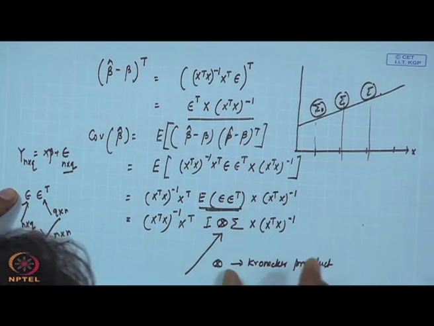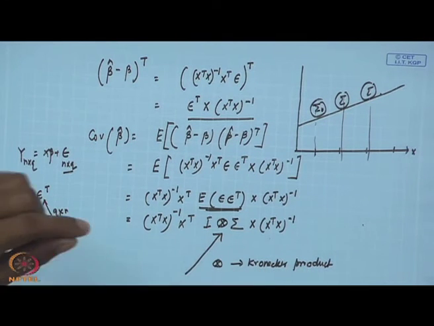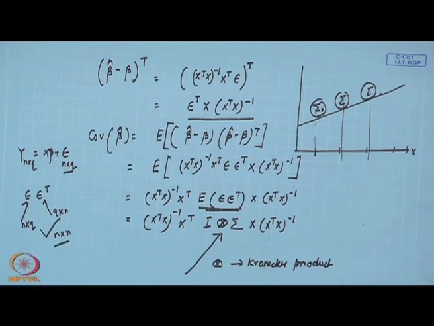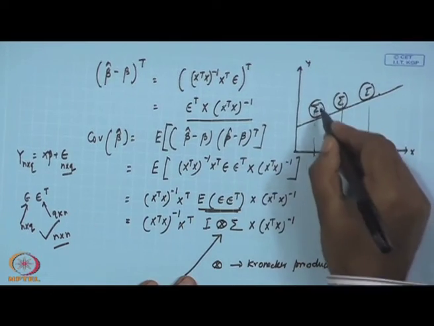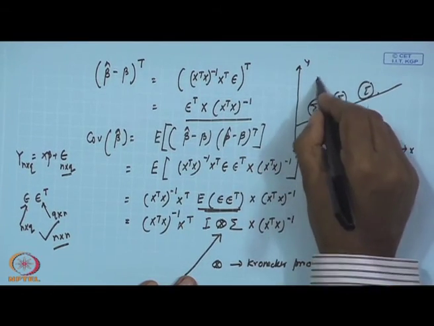Now, why is it n cross n here? For every dependent variable, for y1 it is n cross n, for y2 again n cross n, for y3 n cross n, for yq n cross n. If you go by the multiple regression mode, with only one y variable, it is not sigma, it will be sigma square.